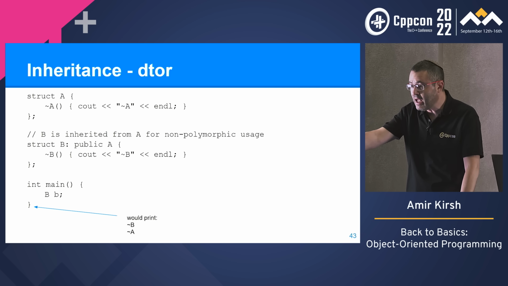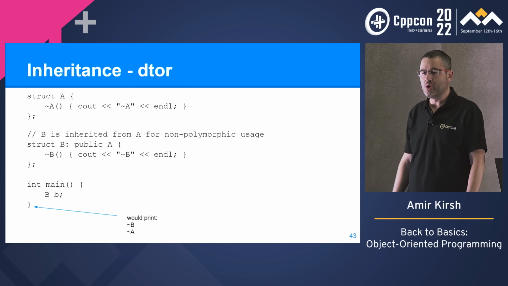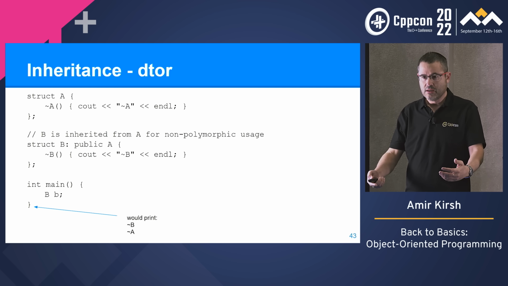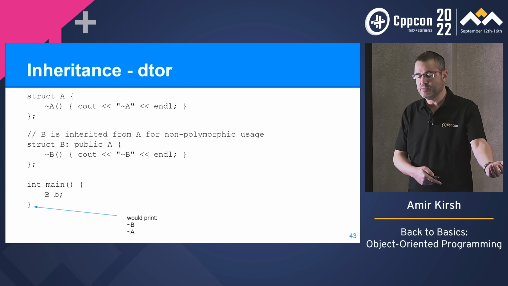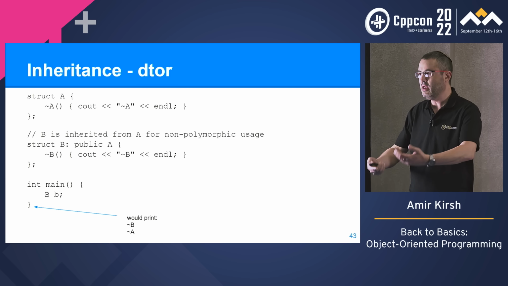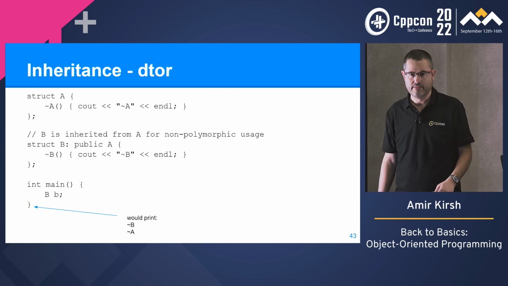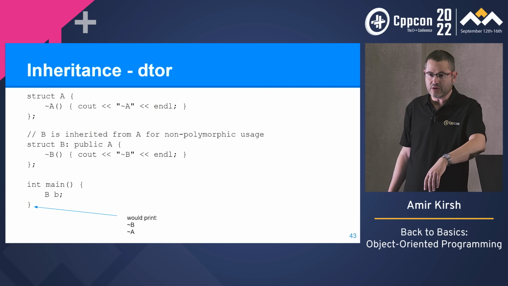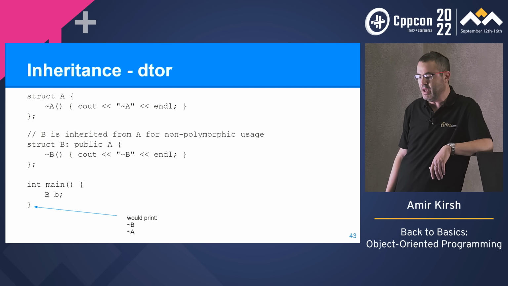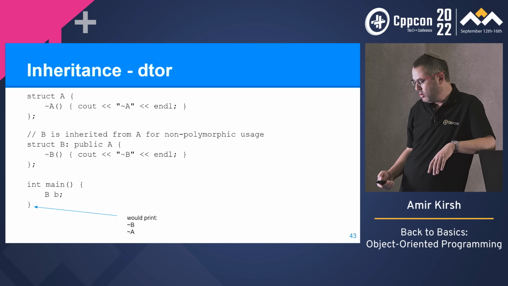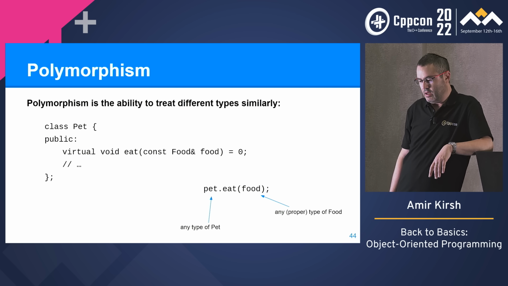If you are going to do that, you need a virtual destructor. Because when you would delete, the compiler would not know which one is being deleted. You have to delay the decision to have the information at runtime. But this is not the case here because I'm just creating B on the stack. I know that B is being dead, B destructor, and then A's destructor.